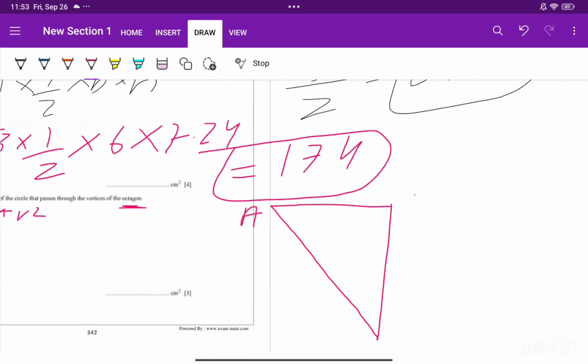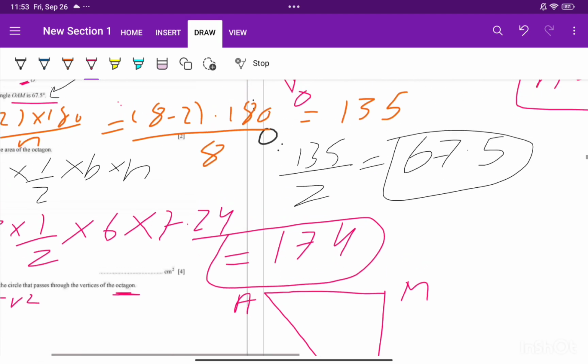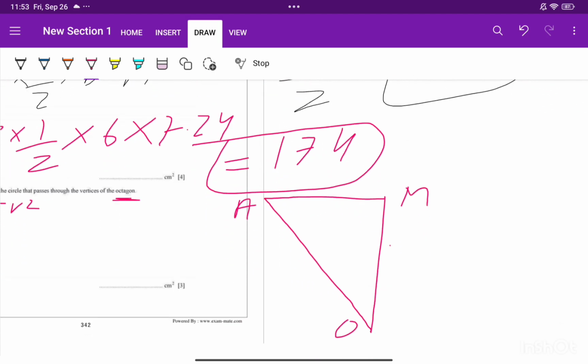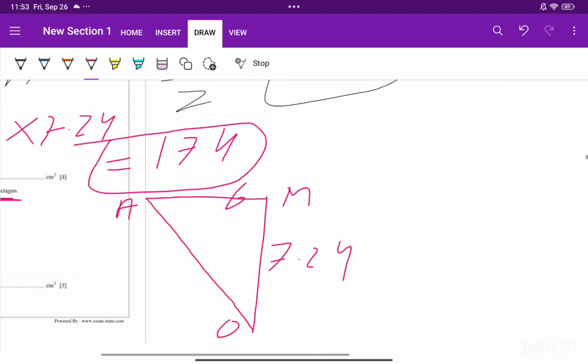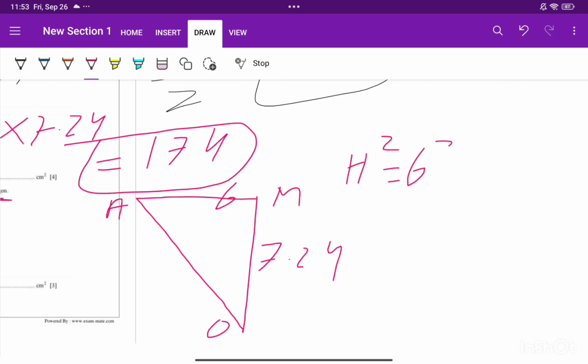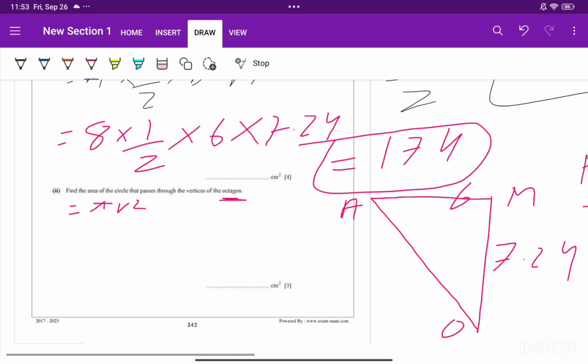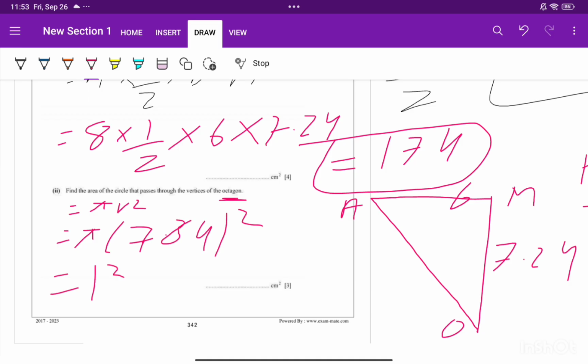This is A, this is M, this is O. So OM is 7.24, and this is 6. So H square is 6 square plus 7.24 square. So H will be 7.84. So radius is 7.84. Square, so this will give us answer 193 centimeter square.